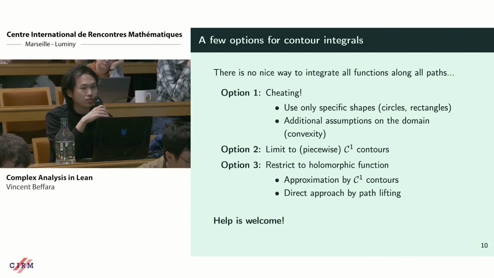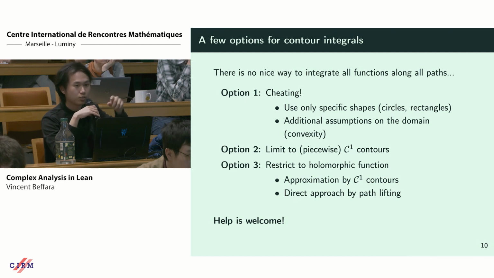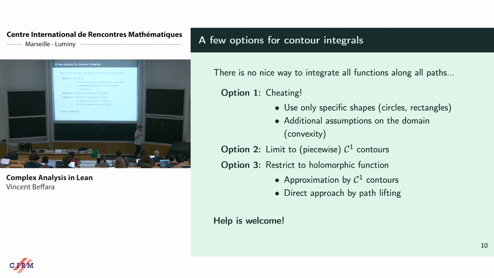I have two questions regarding option one. The first question is, why do you need rectangular integrals when you can do circle integrals and kind of zoom in? Yeah, so you can, and this is done in Mathlib.